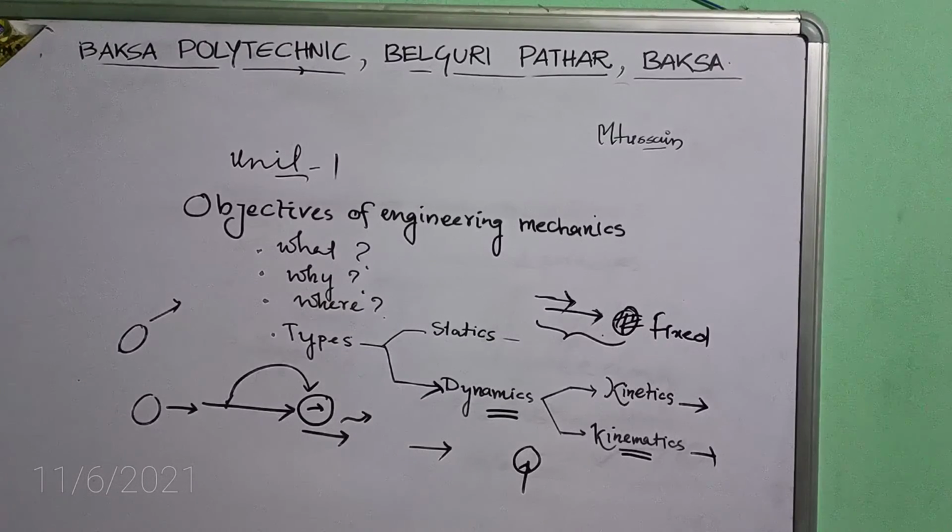But in this field we study only the movement of the body without consideration of the cause of the motion. That means the applied force for which it is moving, we will not consider, we will just consider the movement of the body. It is the branch of dynamics which deals with bodies in motion without any reference to the forces which are responsible for the motion.